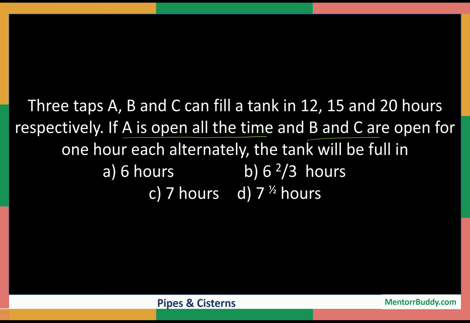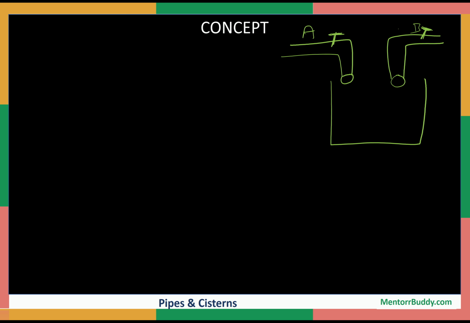Before proceeding with this question, we just need to understand the concept of alternate pipes. Let's suppose there are two pipes, pipe A and pipe B. Pipe A can fill the tank in 10 hours, and pipe B can fill the tank in 15 hours.